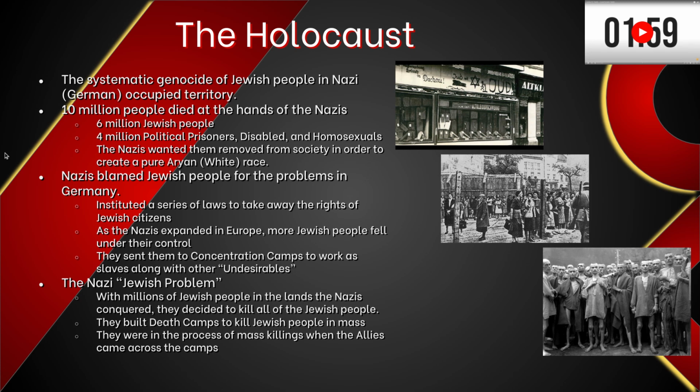So with millions of Jewish people under their control as they continue to expand throughout Europe, in order to stick with their flawed theory of trying to create a pure white race or Aryan race, the Nazis have too many Jewish people that they can put to work. They have too many Jewish people that they want to even feed the minimal amount that they fed in concentration camps.